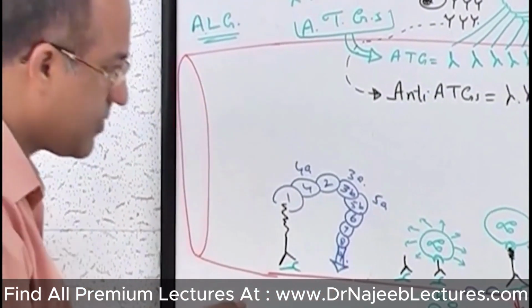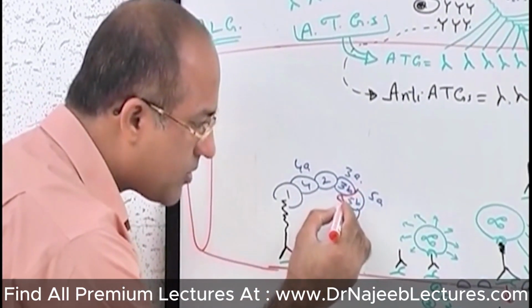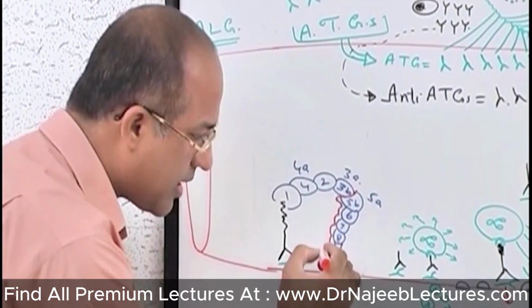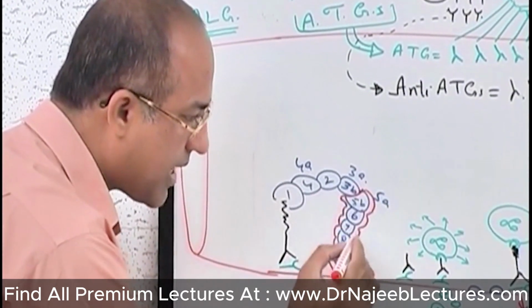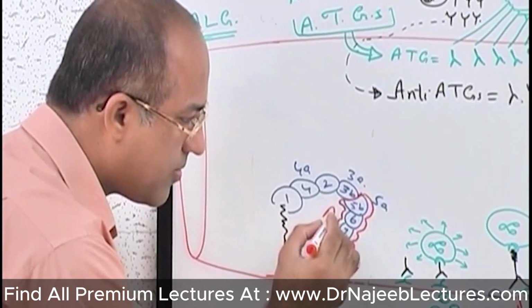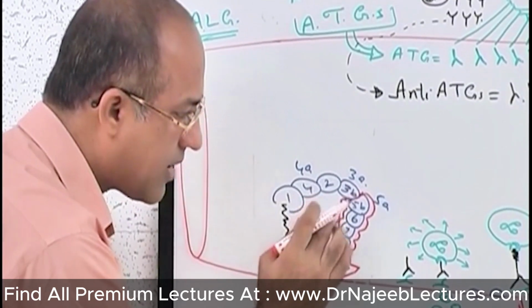So what is this? C5b to 6, 7, 8 and 9, this is the membrane attack complex.